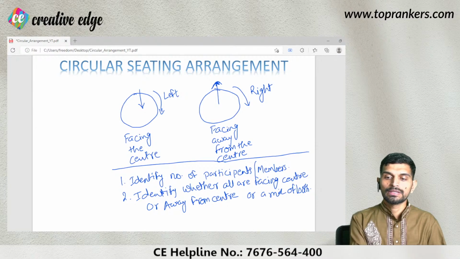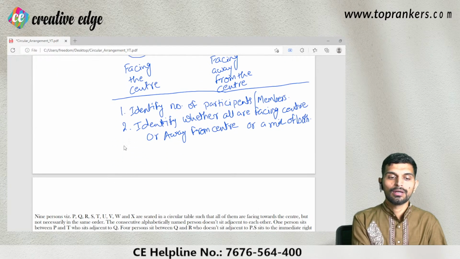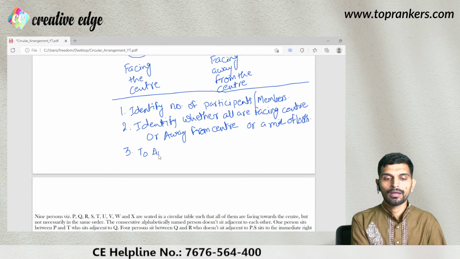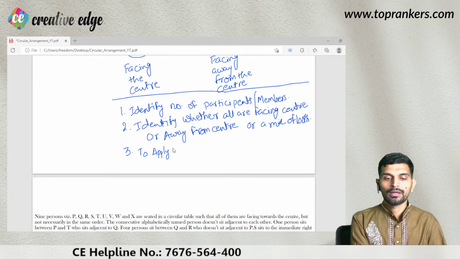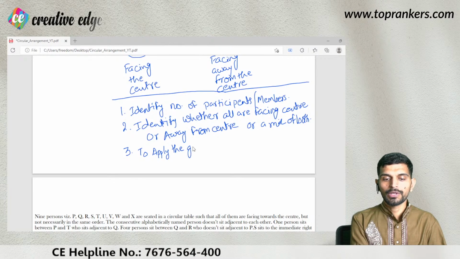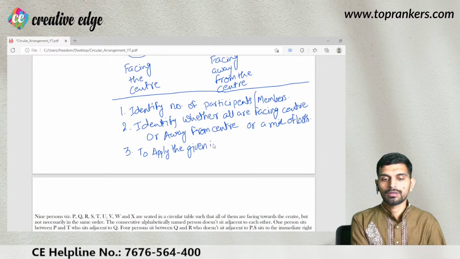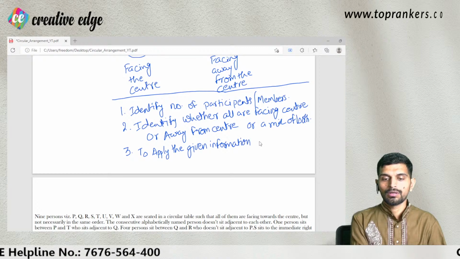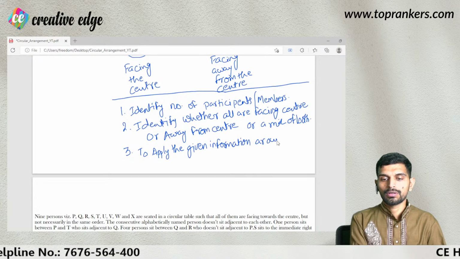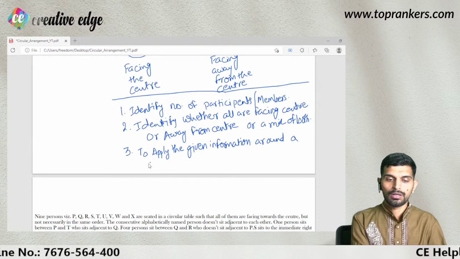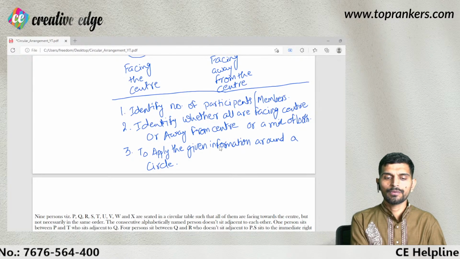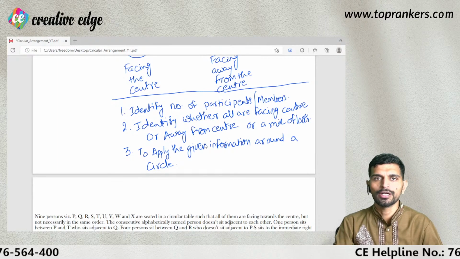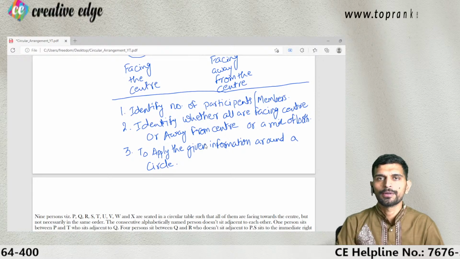The third step is to apply the given information around a circle. Whatever clues are given, a particular person is sitting with reference to another person and so on, that we need to apply.